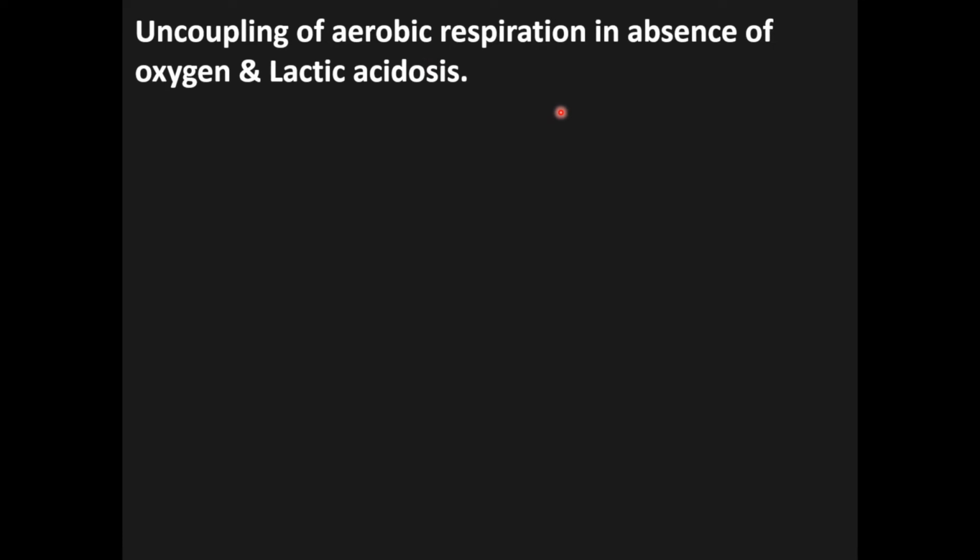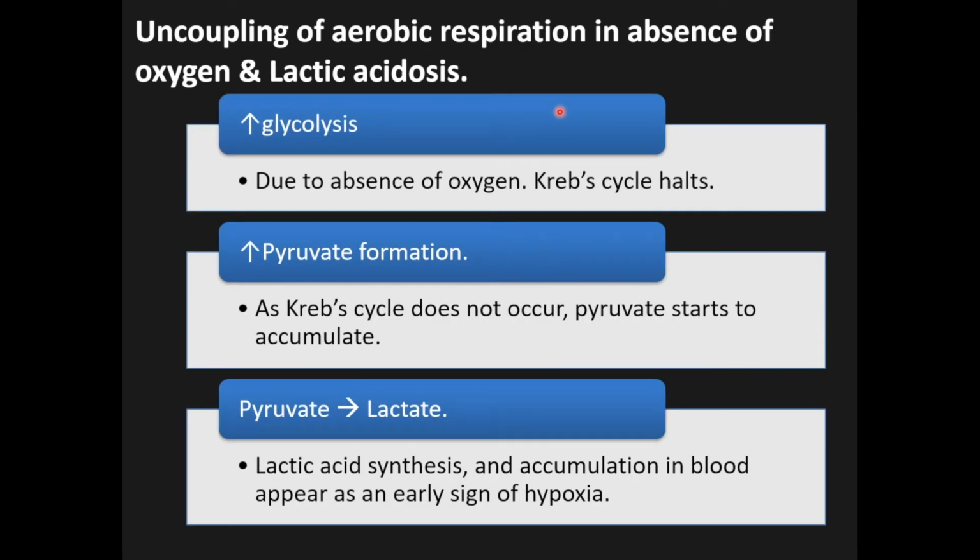How increased anaerobic respiration and uncoupling of aerobic respiration lead to lactic acidosis, let us look at that mechanism briefly. Whenever there is decreased supply of oxygen, there is increased amount of glycolysis because the Krebs cycle cannot occur without oxygen. So glycolysis takes over as the primary source of energy.